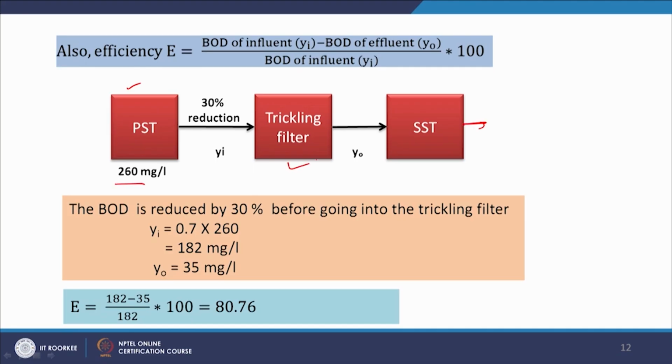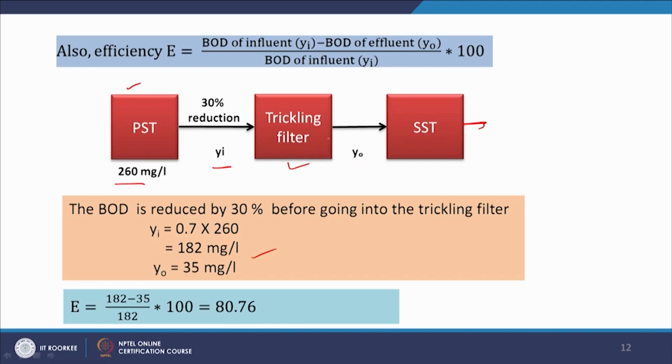This is our trickling filter, and it is coming to the secondary sedimentation tank or other treatment unit. So, BOD5 is reduced 30% before entering the trickling filter. So, Yi will be 70% remaining.